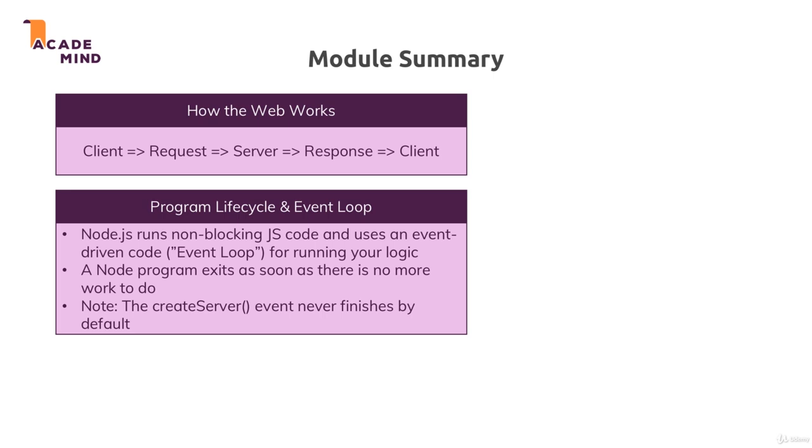A Node program can exit if there is no more work to do, but on a server this should at least never happen, because create server registers an event listener for an event which is never done. If a new event is triggered, so if a new request is received, this does not mean that Node unregisters the event listener. Instead, we keep on listening for more requests, and that is of course how a server should behave.